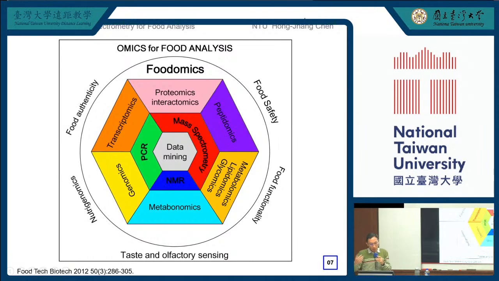So in my lab, we want to use the MS technique to carry out food authenticity. For food authenticity, the traditional way is to use the genome. They use PCR to detect the genome to identify food authenticity.